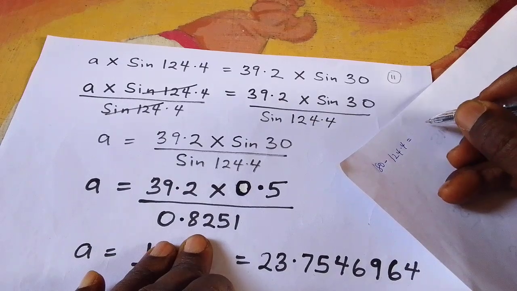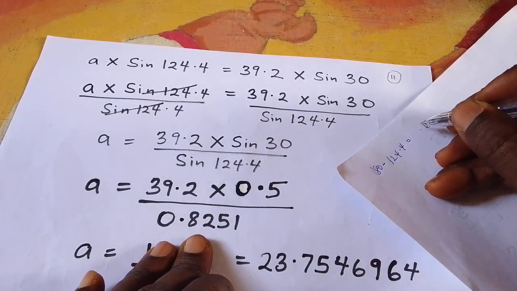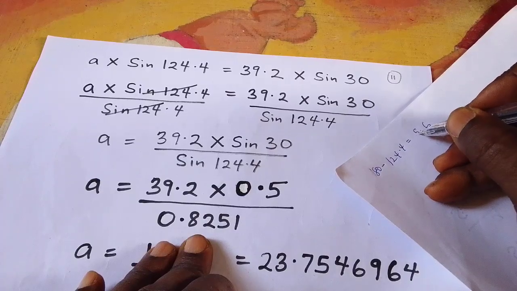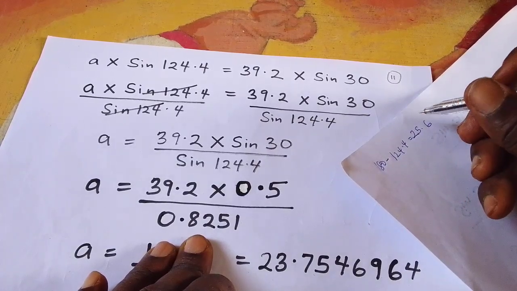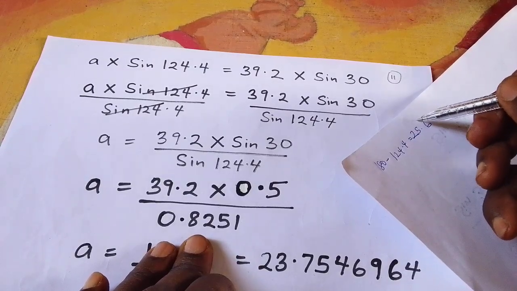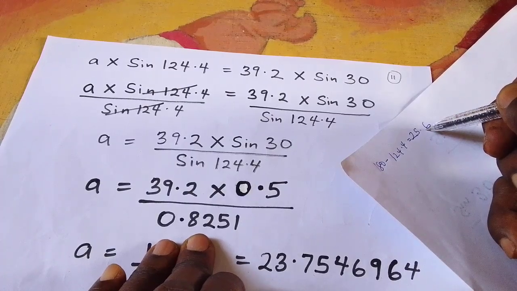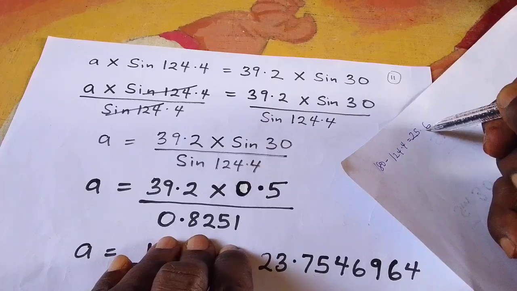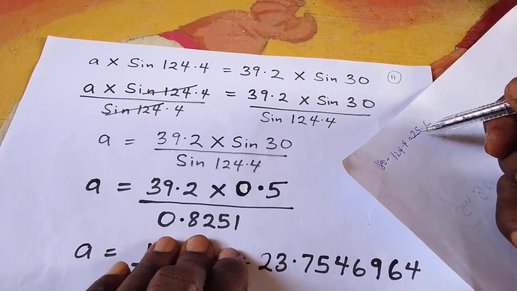If you subtract it, you have 55.6. So to look for the angle, it will be sine 55.6, which will give us 0.8251. Because the sine of an angle is positive in the second quadrant, it will be 0.8251.